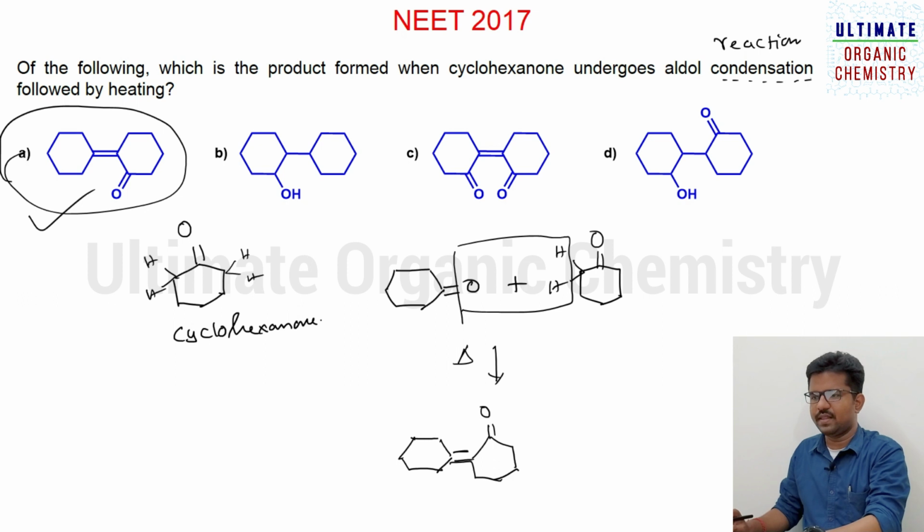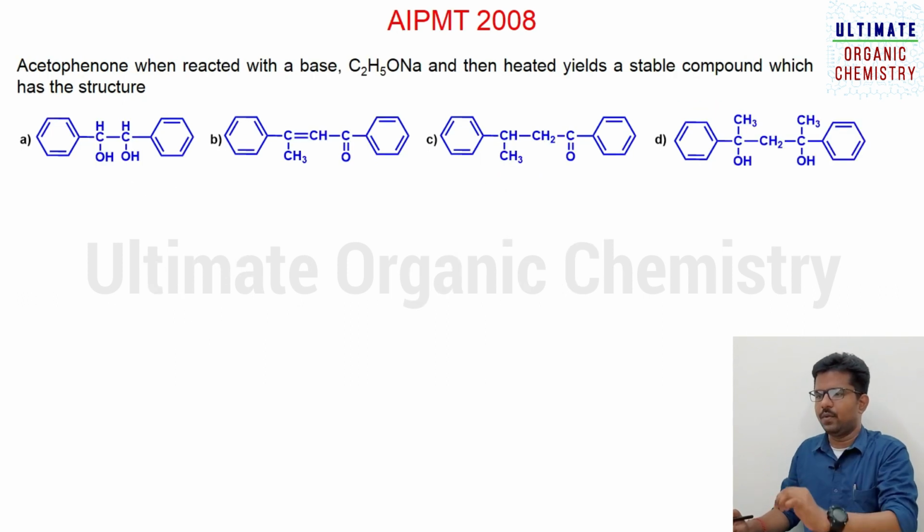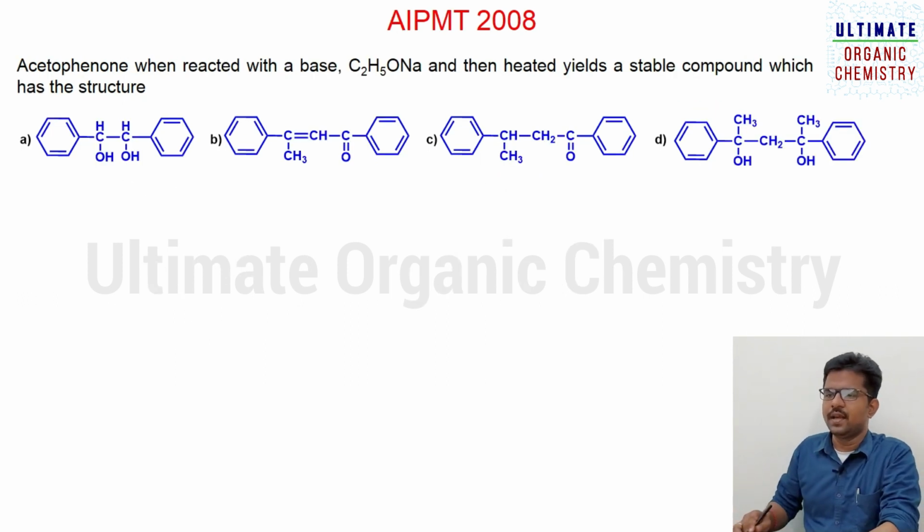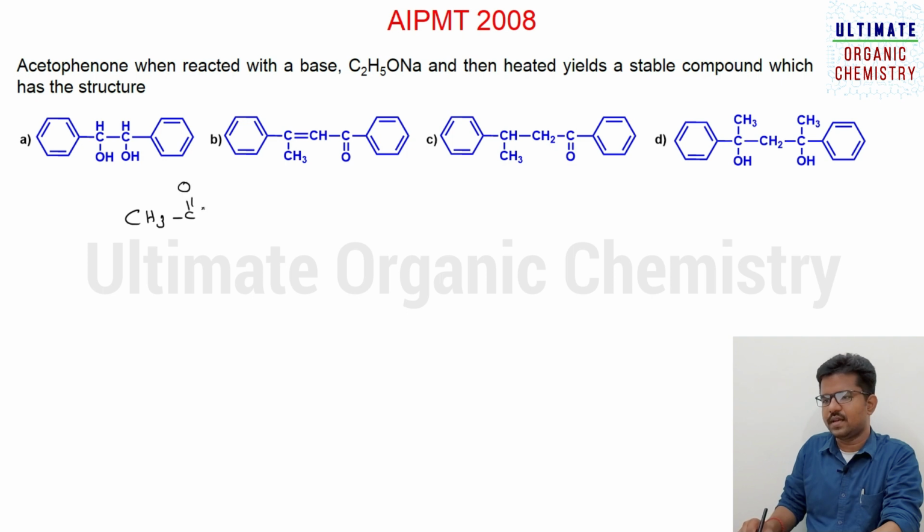Okay, so we have another example, which was asked in 2008. They gave: acetophenone is reacted with a base, C2H5ONa, and then heated, yielding a stable compound which has the structure. You have 4 options. What do you mean by acetophenone? Before that, we need to know what acetone is. I already said CH3, C double bond O, CH3 is called acetone.